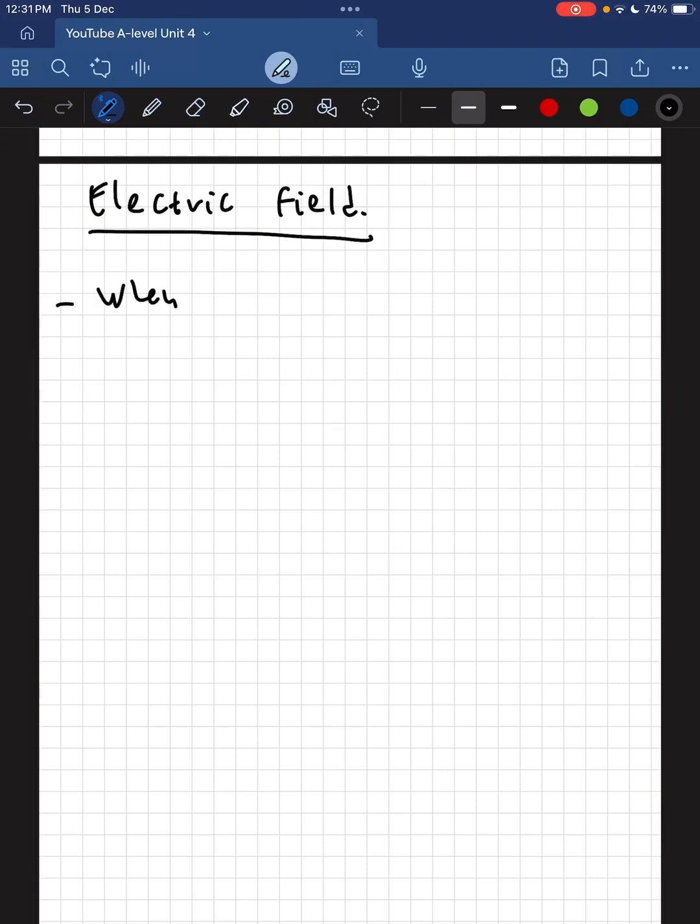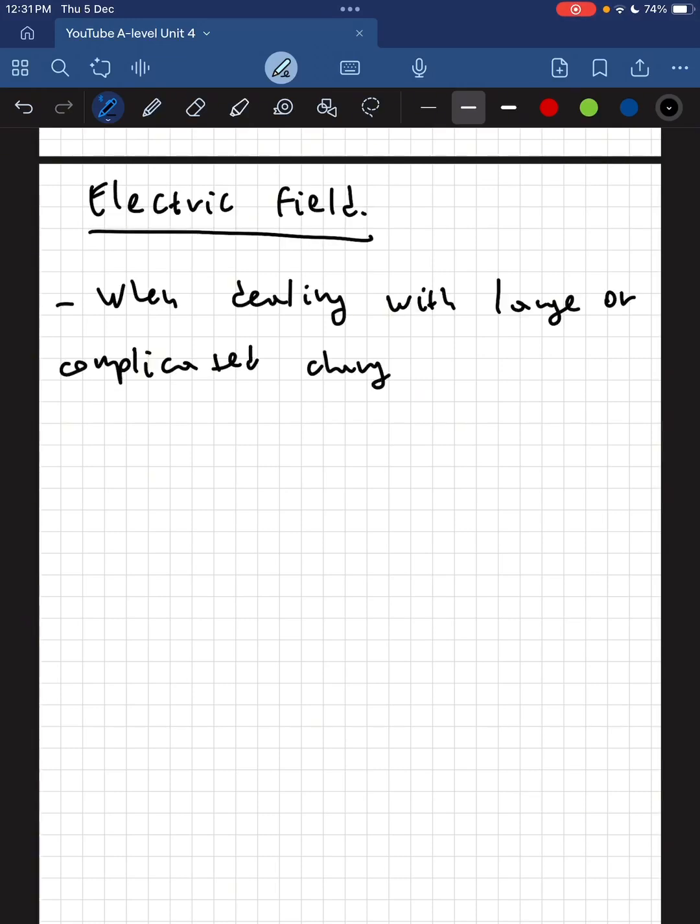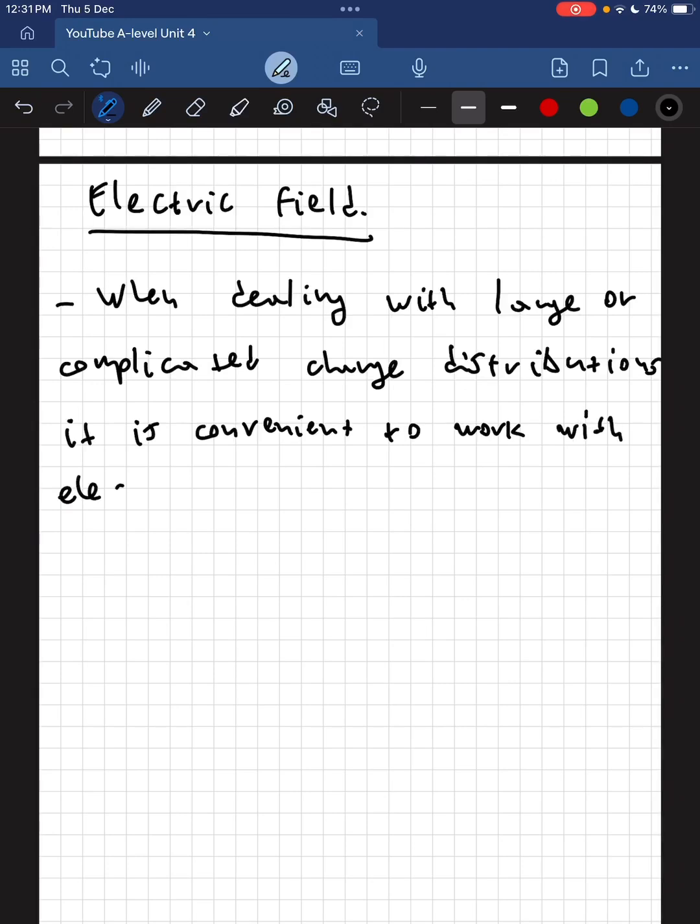So when dealing with large or complicated charge distributions, it is convenient to work with electric fields.